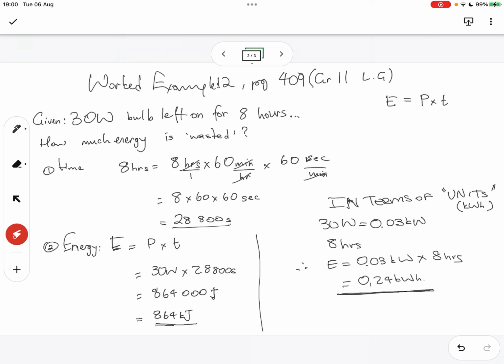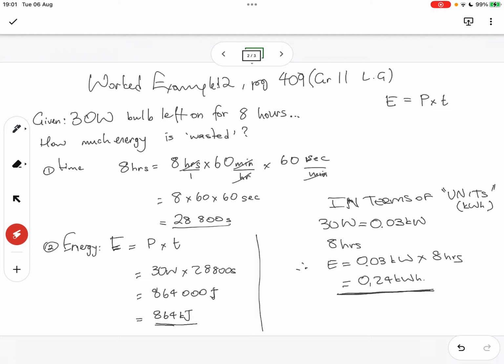Now the second part is where we calculate how much energy was actually wasted when the light bulb was left on for 8 hours. So for that time of 8 hours or 28,800 seconds, how much energy was wasted?